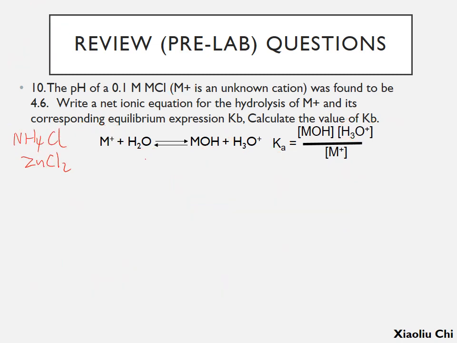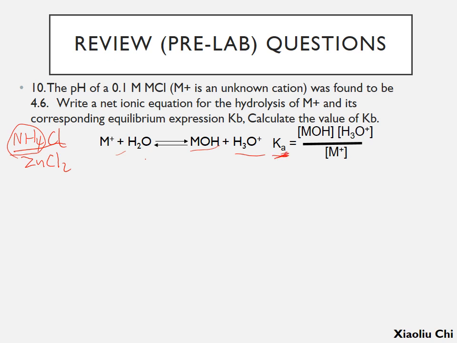In the last slide, we showed how to calculate Ka and Kb for a salt that contains a cation from a weak base and an anion from a strong acid, such as ammonium chloride. So the solution should be acidic because the cation hydrolyzes back to the weak base and generates hydrogen ion, and the equilibrium constant is related to Ka.